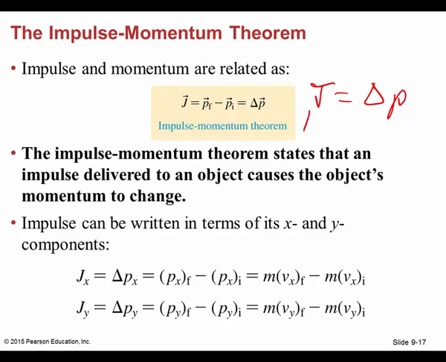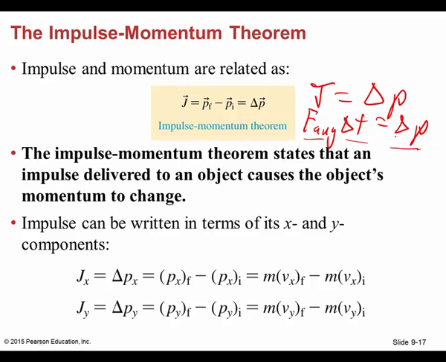Okay, because remember, what is impulse? Okay, so we can write it this way too. Okay, that's a lowercase p. We can write it that way. And so what does that mean? That means that momentum changes in relation to the force applied to the object during a given time interval. Okay? All right.